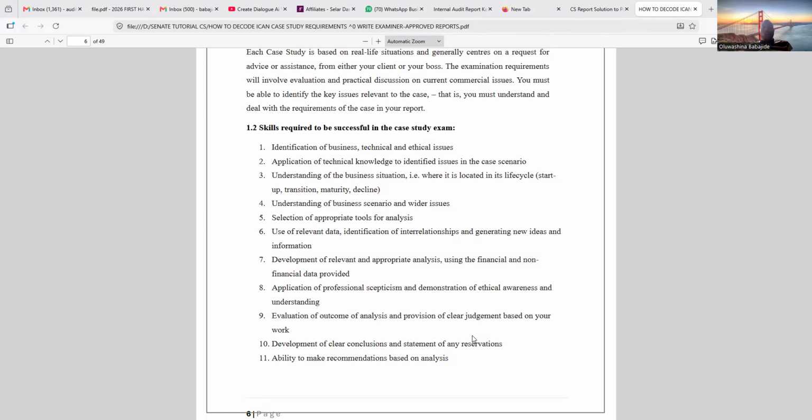All those analyses that you have done in your appendix, come and evaluate it, explain it, provide a clear judgment on it. Show your opinions, and recommend on those things that you have done in your appendix.